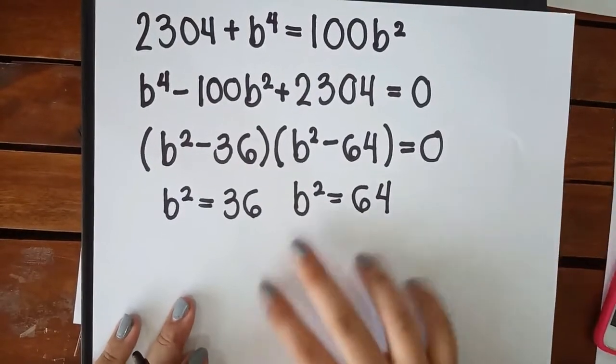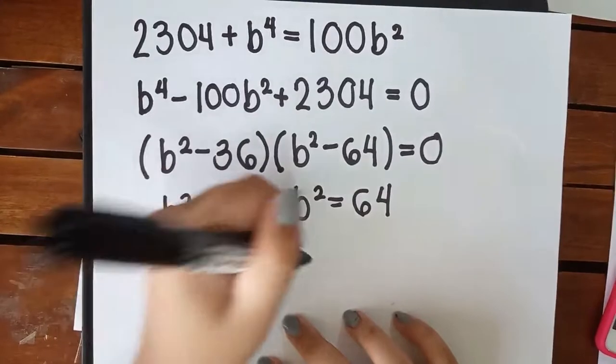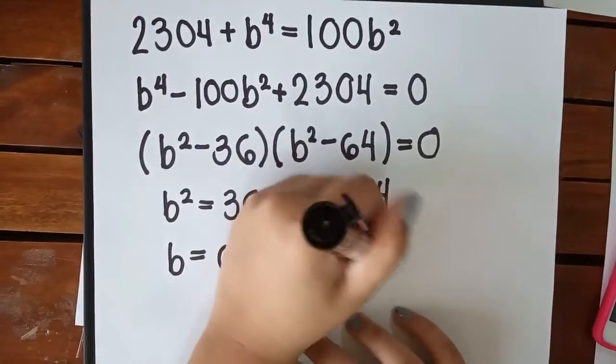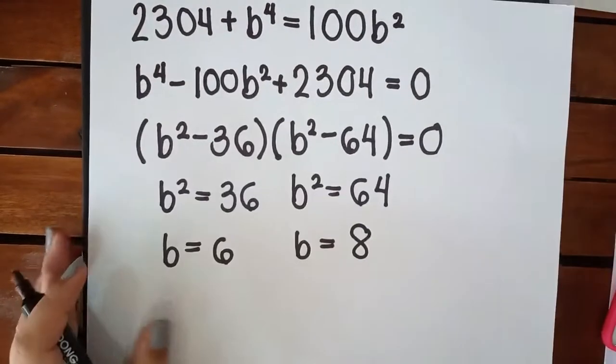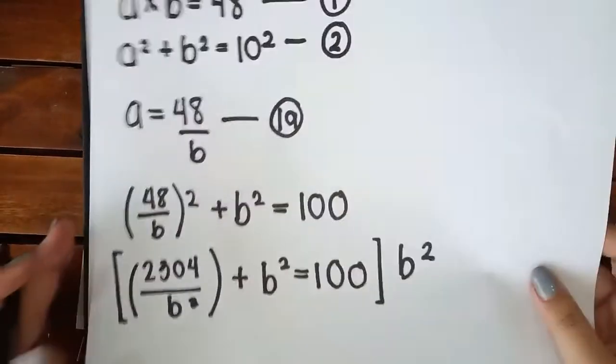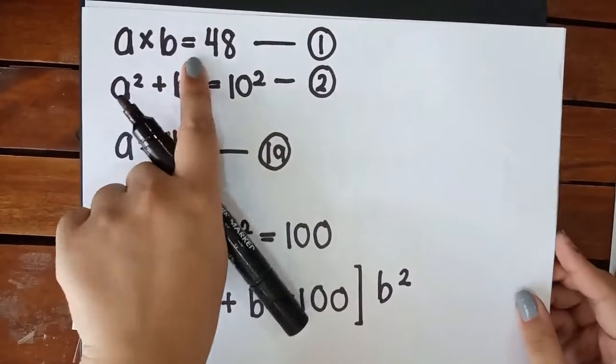The next step is to find the square root of 36 and 64. The answer is b is equal to 6 and the other one is equal to 8. Going back to our equation, a times b is equal to 48.